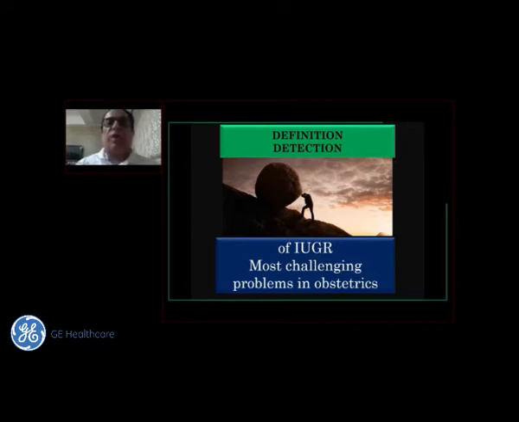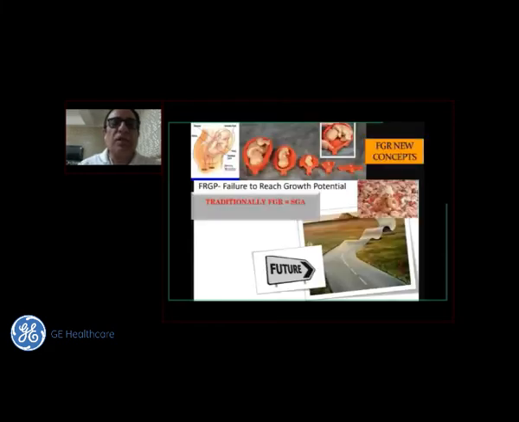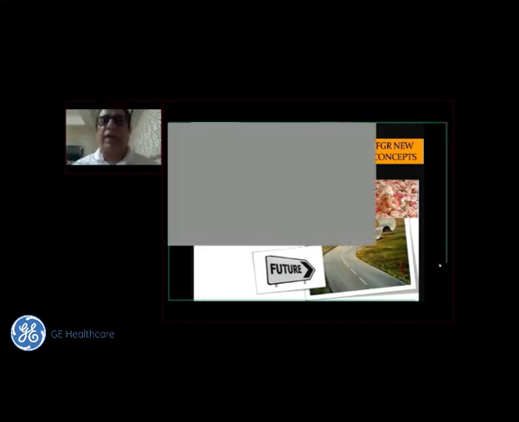As we know, when we're dealing with fetal growth restriction, the most challenging problems are definition and detection. Now, Pooja and Vivek have done a wonderful job in laying down the concepts.